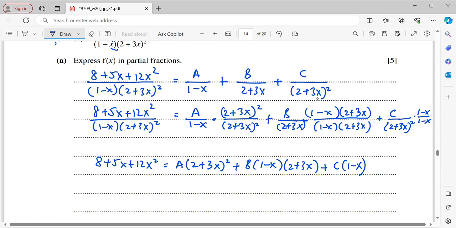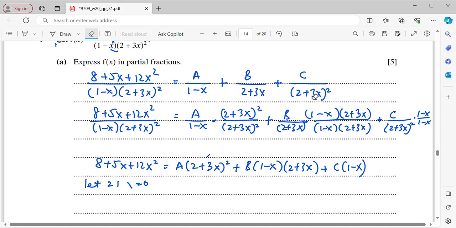So first of all, I will let 2 plus 3x be 0. That means my x is going to be negative 2 over 3.